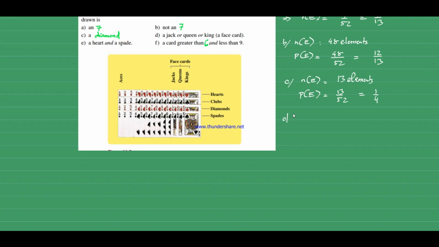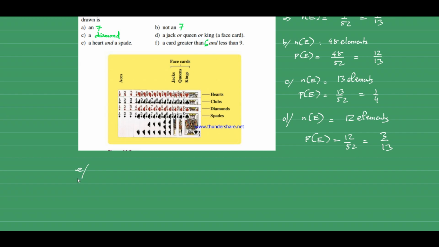Now D, the cardinality of the event set: a jack or queen or king. So there are totally 12 of them. So the probability will be 12 over 52, which is 3 over 13.